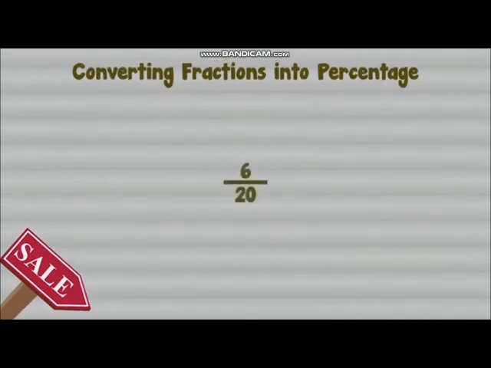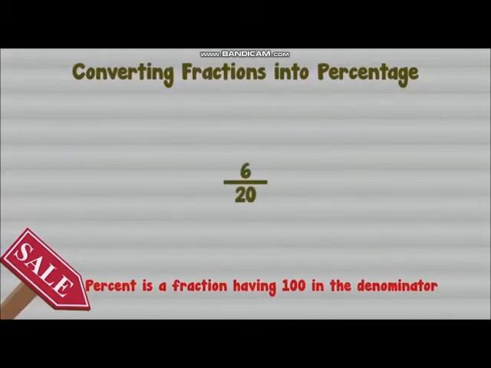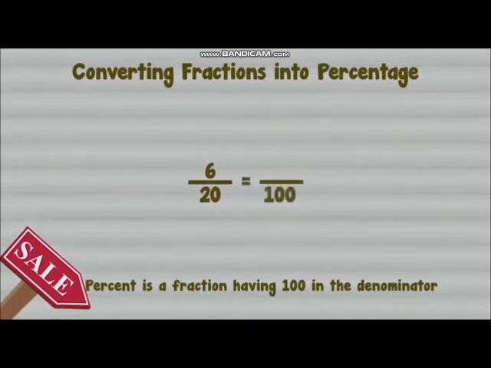But if the fraction is given like 6 by 20, how are we going to convert it into a percentage? You have to remember this thing, that percent is a fraction having 100 in the denominator. Percent में हमेशा upon में 100 होता है. So when we convert 6 by 20 into a percentage, we are going to make this 20 into 100.